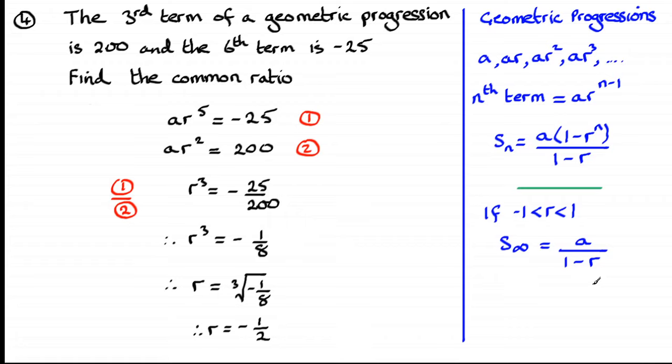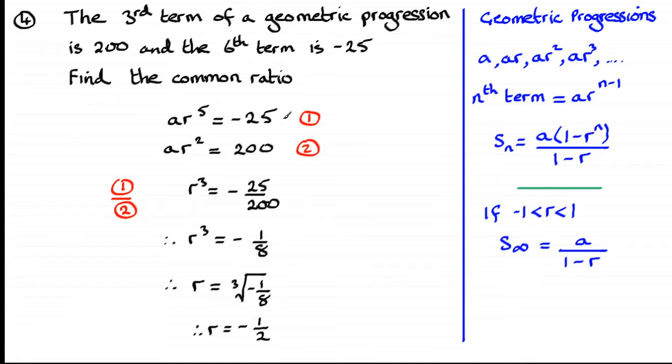Okay, so just quickly then, I used this idea here about the nth term. When I saw that the sixth term was -25, I have ar to the power 5, remember you subtract 1 from the n there, ar^5 = -25.